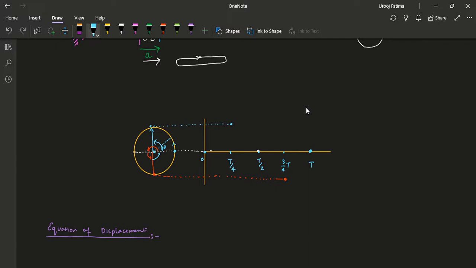Now if I try to connect all the points the way they appear, you might realize there's a sort of line generated, and this line is basically a function of sine theta.